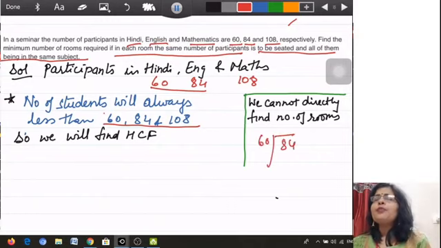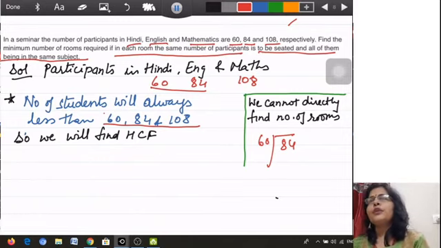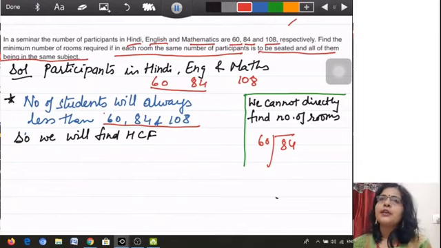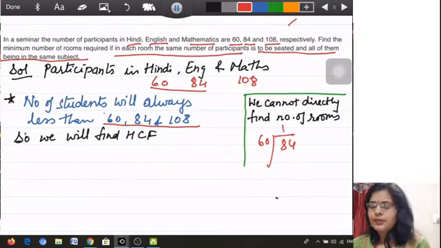Now in these types of questions, we are not at all supposed to use the Euclid division algorithm form. Our main target is to find out whether we have to solve the question by HCF or LCM, and what it is actually asking. So what will be our answer? 60 divided by 60 gives 1, and then 84 minus 60 is 24.